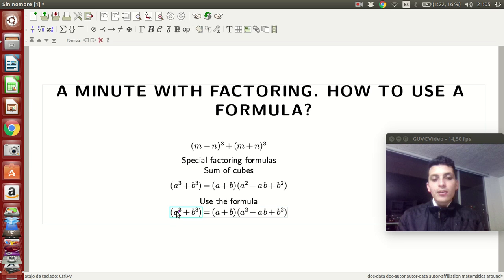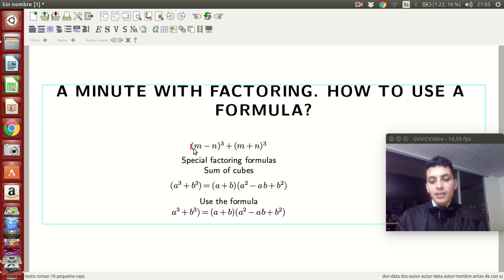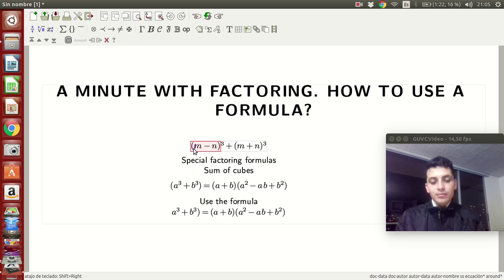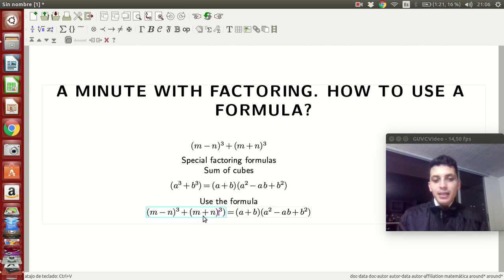So a cube, a is m minus n. Instead of a, I'm going to write m minus n, and b is m plus n. So instead of b, I'm going to write m plus n.